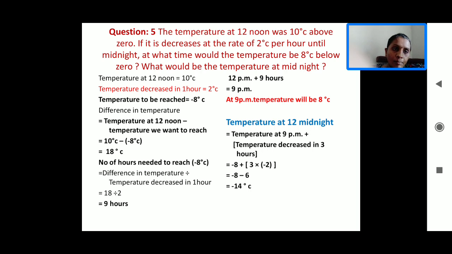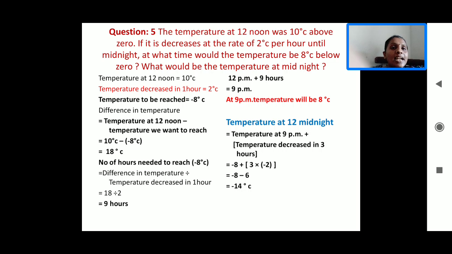Above 0 we have +1, +2, +3, and when it's too cold, our temperature goes down, so it may be -1, -2, -3, like our integers. So 10 degrees centigrade above 0 means it is plus 10 degrees. And below 0, 8 degrees centigrade means -8 degrees centigrade.